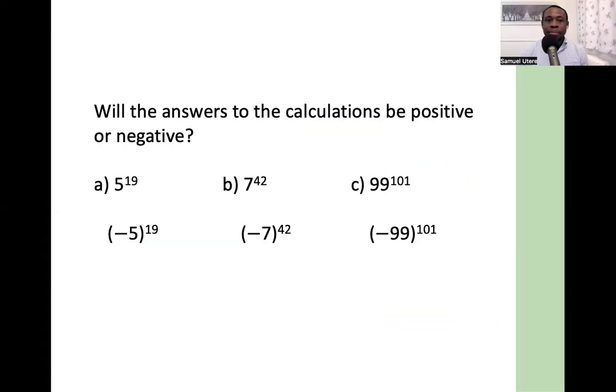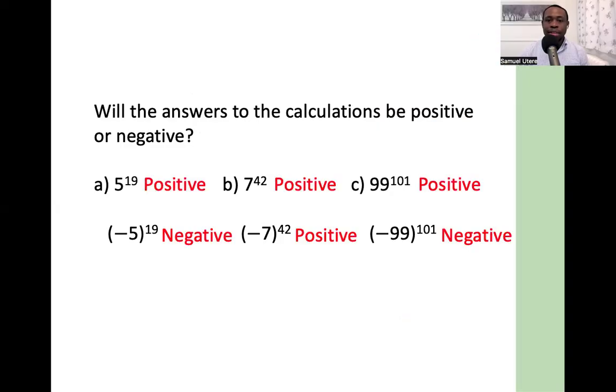Well, let's do some more learning and conjecture, or drawing some conclusions from patterns we notice. You can use your calculator to explore this. Will the answers to these calculations be positive or negative? What do you think? Well, the answers would be positive for all those where you have the base to be positive.